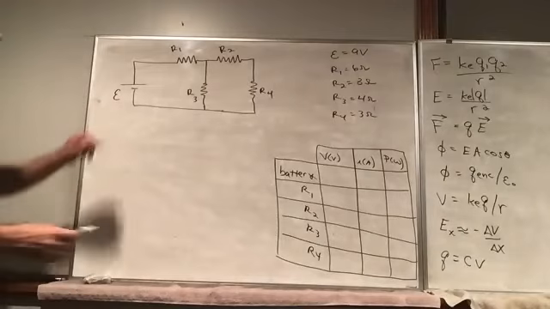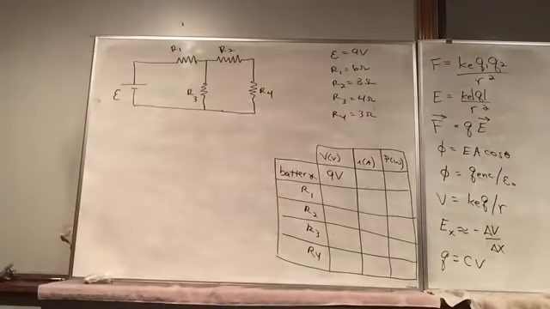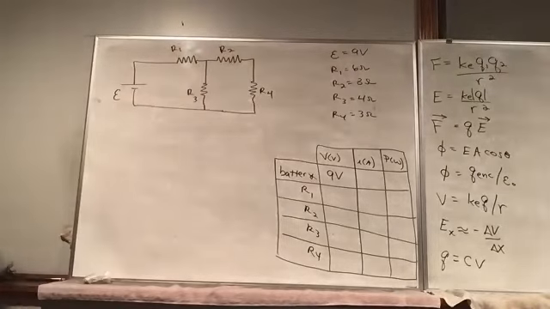So for the battery, we're given the voltage. And we're going to find the current flowing through each element, the voltage gain or drop across each element, and the power either delivered to the circuit or dissipated from it. So that is our goal here.